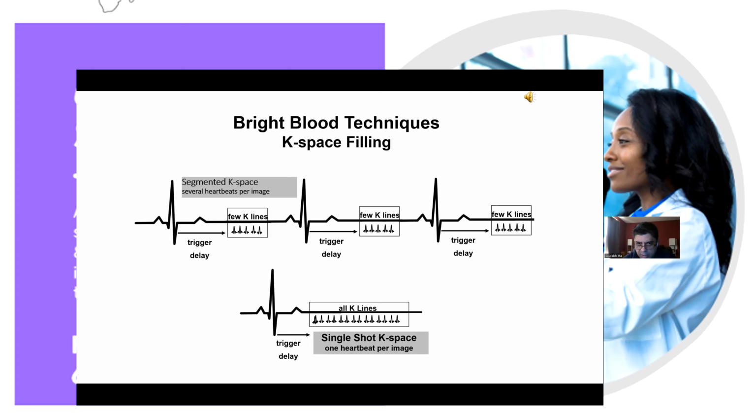So there's a trade-off between acquisition time, how fast the imaging is done, and the phase matrix, which determines your spatial resolution. The two, acquisition time and spatial resolution, are inversely linked. The finer your spatial resolution, the longer your acquisition time, and vice versa.